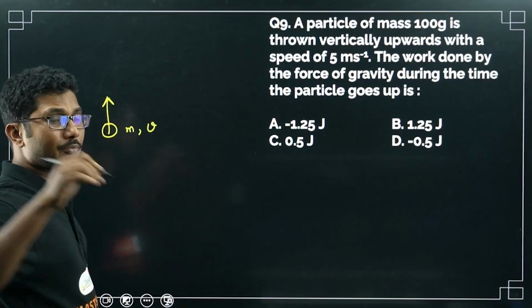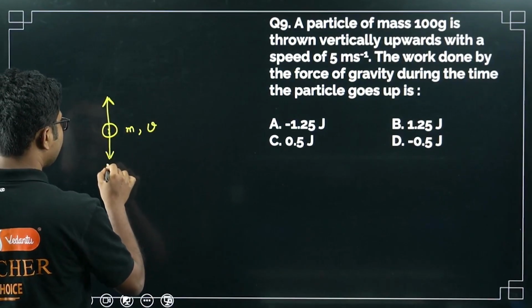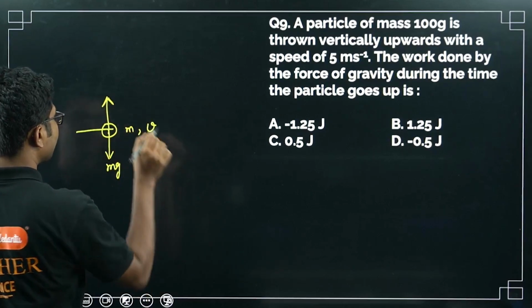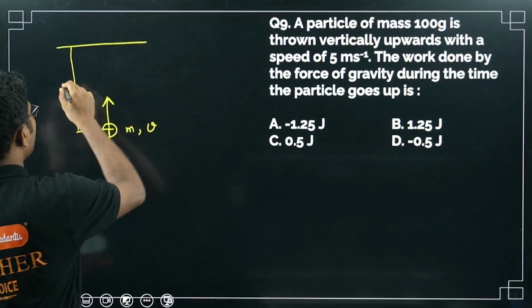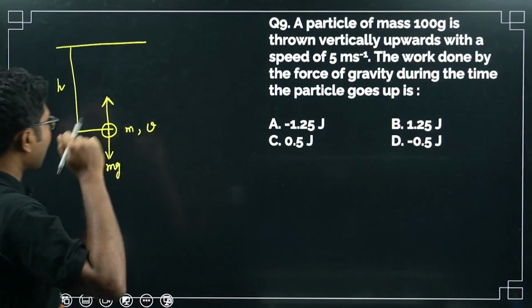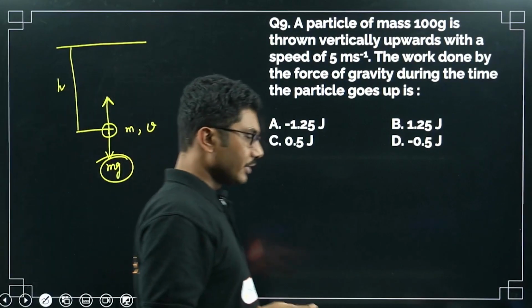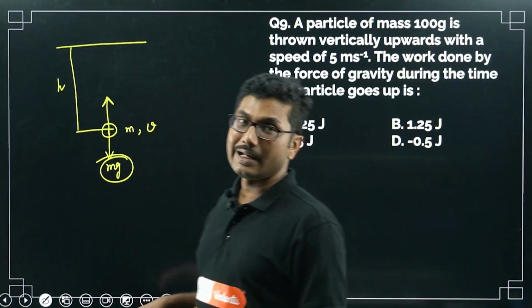During that time, what is the direction of force? The force acting on this is mg, acting downward. The displacement of the object is upward but the force is acting downward, so the work done by this force will definitely be negative. It is opposite in direction to the applied force, so it will be negative work.